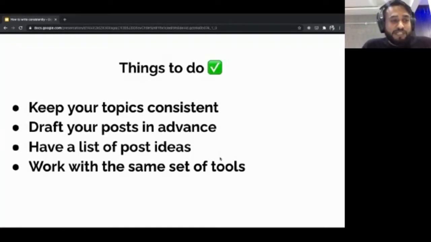It is easy to publish a post on the day when you wrote it because that excitement is there and you want to just get it out. But I would not recommend that. If you want to maintain this habit of blogging on a consistent basis, you have to have some content in your drafts in your blog.